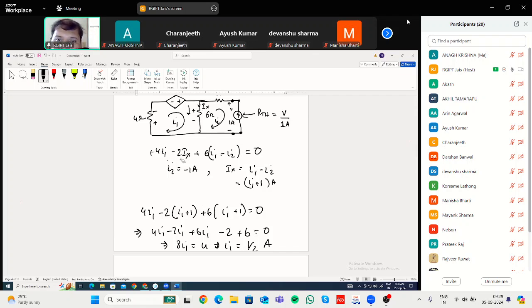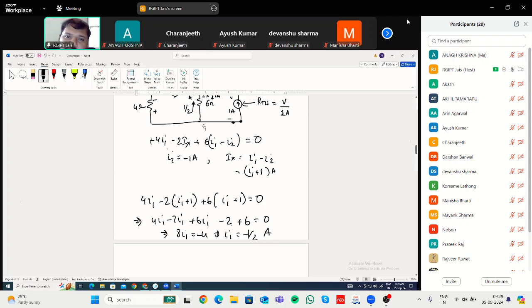Now forget about I1 and I2 as variables; you have already found their values. I1 was assumed in this direction, but its value is minus half, and since it is a minus sign, it is actually in the opposite direction, that is half ampere. And I2 is 1 ampere, flowing in this direction.